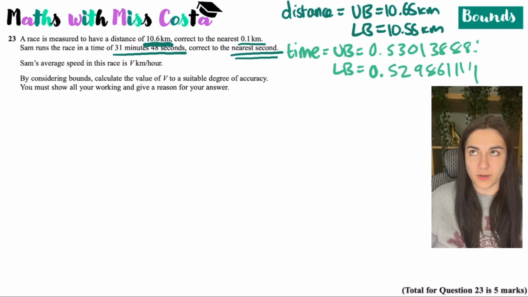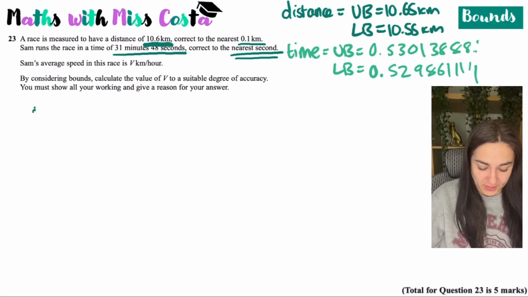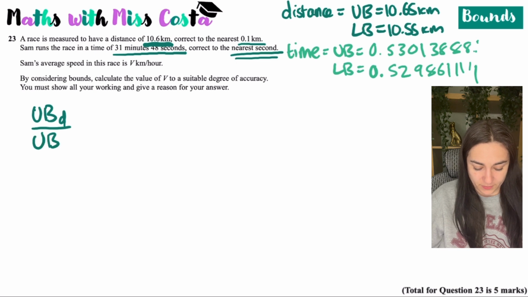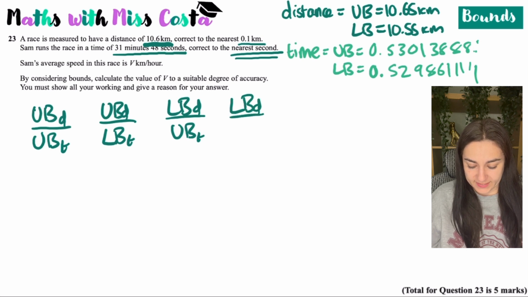So if you're not 100% confident with bounds, then the best thing to do would just be to calculate all the possibilities. So all of the possibilities would be the upper bound of distance divided by the upper bound of time, the upper bound of distance divided by the lower bound of time, the lower bound of distance divided by the upper bound of time, and the lower bound of distance divided by the lower bound of time.